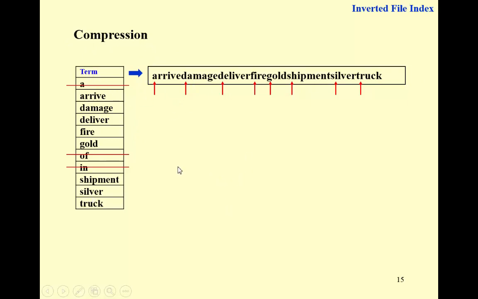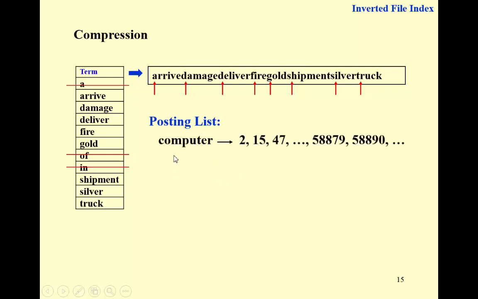And the other thing is this. Let's try to do some compression on the posting list. For example, say we have a term computer, and this word appeared in documents number 2, number 15, number 47, and so on and so forth. Eventually, when new documents keep coming, sooner or later we're going to get overflow.